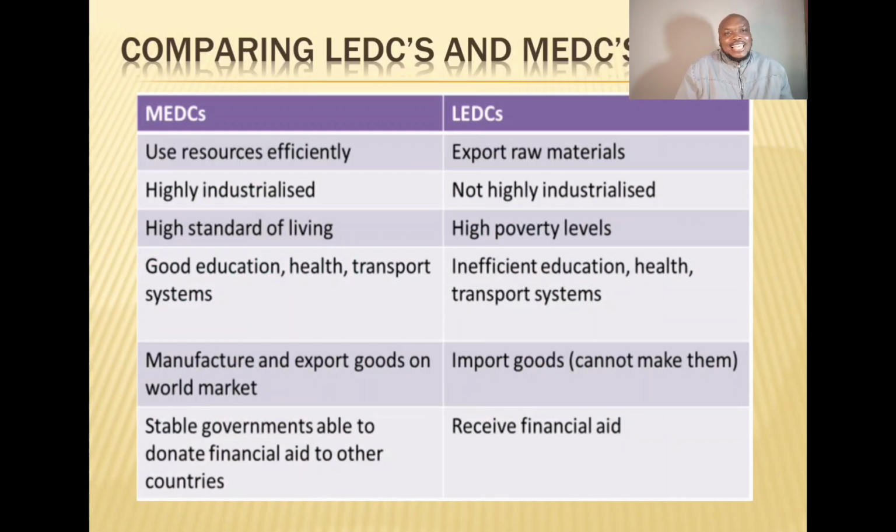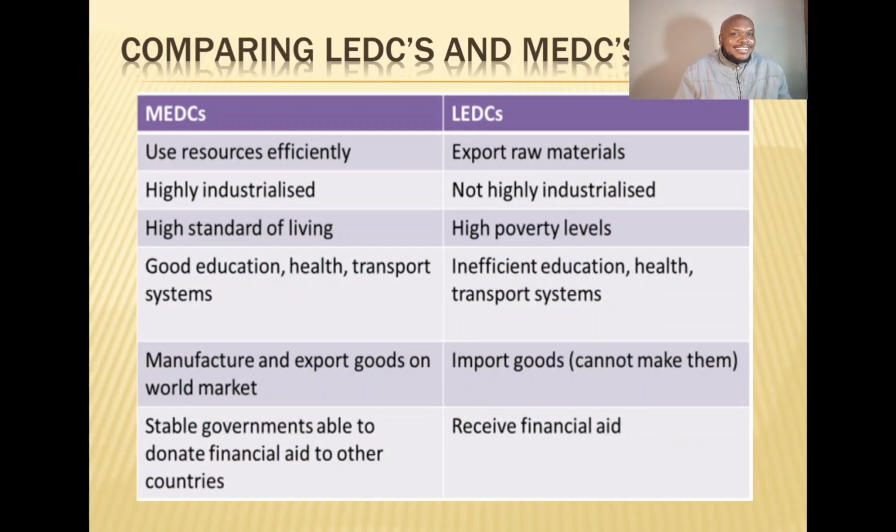Secondly, when it comes to the structure of the economy, they have more industries that deal with processing of the raw materials. They have more industries that deal with manufacturing. So their economy is highly industrialized when we compare it with the less economically developed countries.